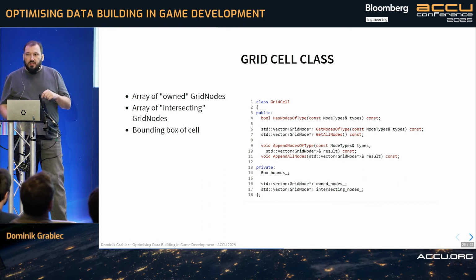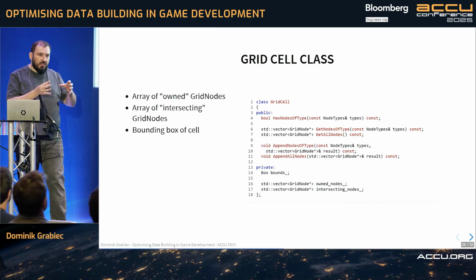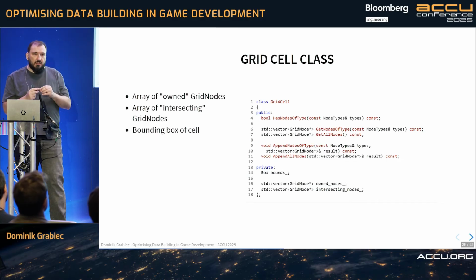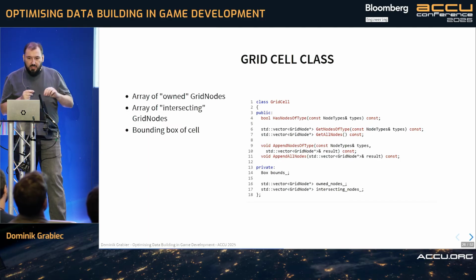The owned nodes is what you use if you want to distribute something into sectors or sections of a map, because otherwise you get things that should be in one sector being in multiple sectors, like if you're partitioning the map into different files. So that's where you use that one.